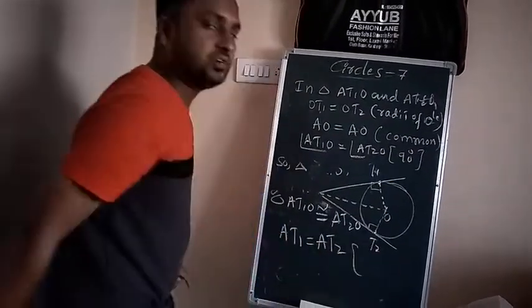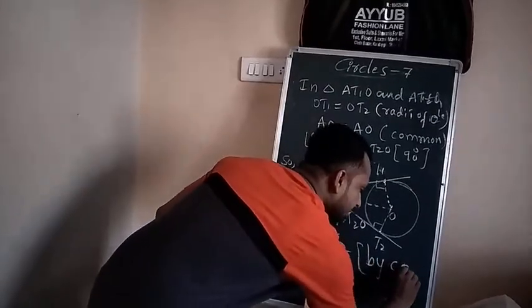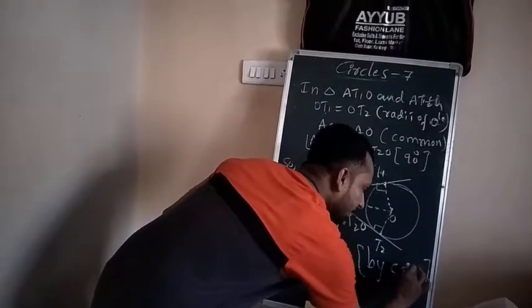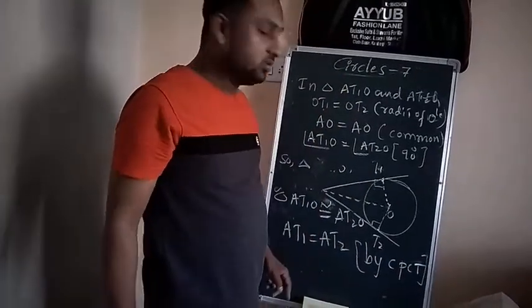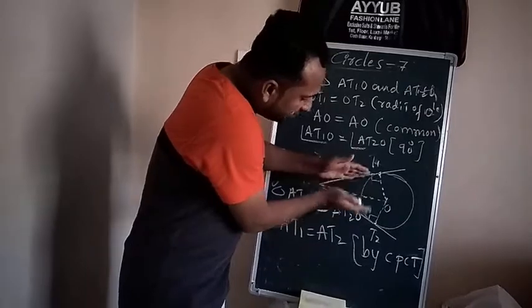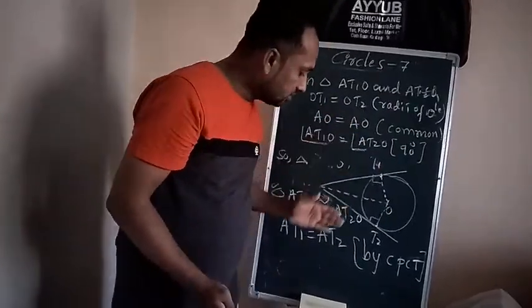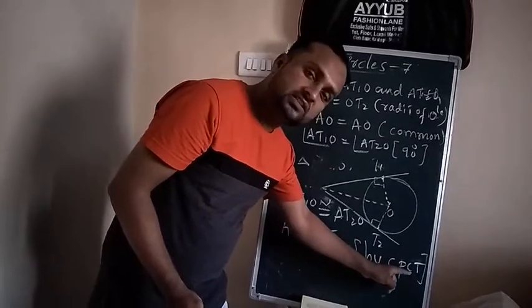Why are these two equal? By CPCT rule. You have already written 3 equal elements. Then these 3 coincide with each other, which means this side falls on this side. So why? Because by CPCT rule.